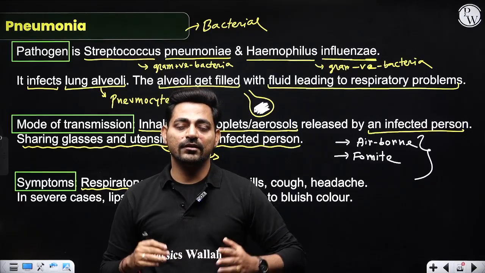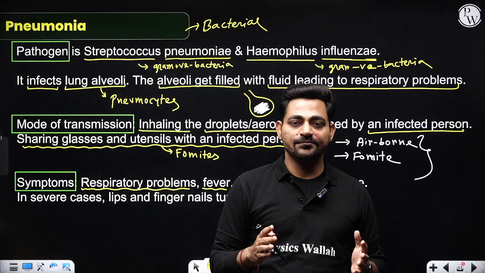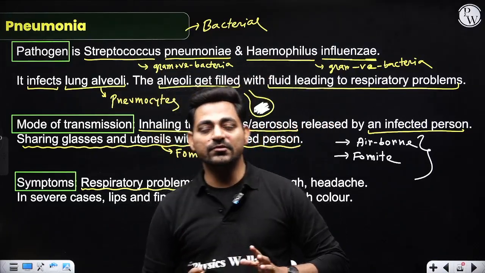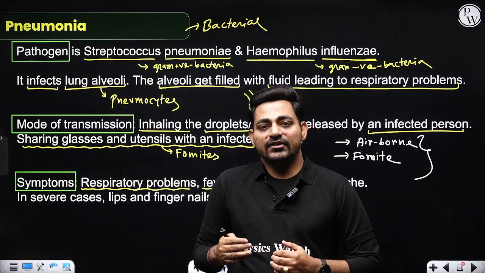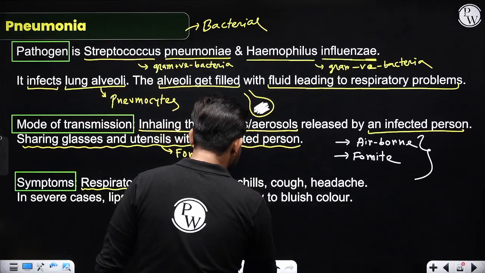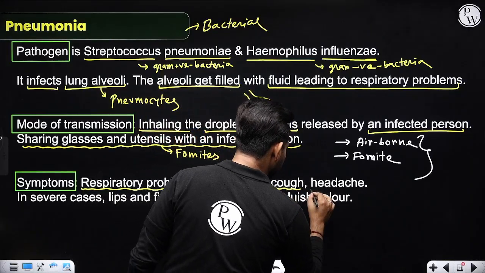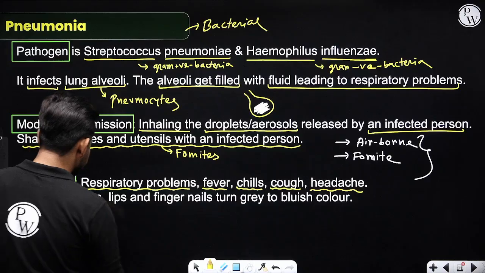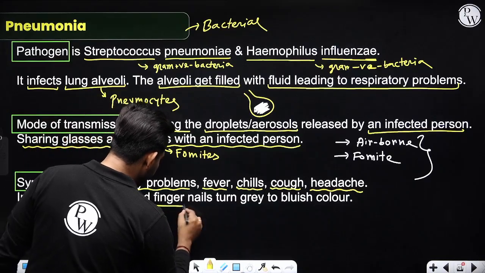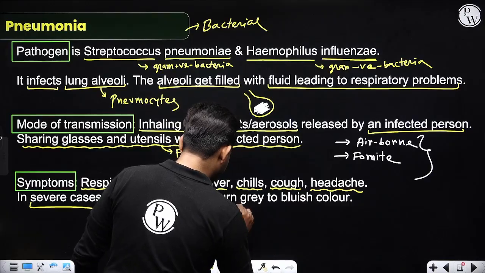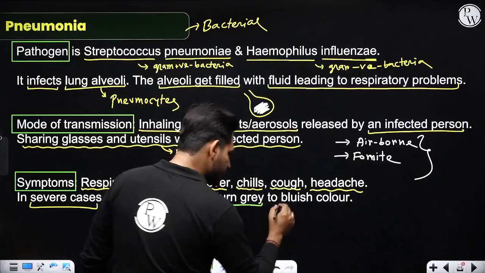That's why when we are suffering from any kind of infection, the first symptom is feeling a raised body temperature, which is called fever. Then chills, cough, headache, or in severe cases, lips and fingernails turning gray or bluish in color.